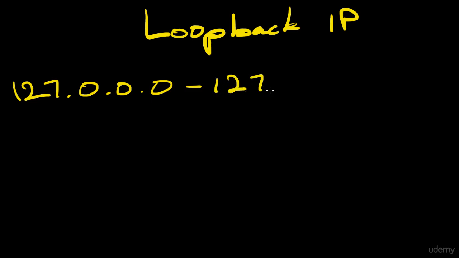The last special IP address I would like to look at is the loopback IP address. The Internet authorities reserve the range of IP addresses starting with 127.0.0.0 all the way to 127.255.255.255 as your loopback IP address range.